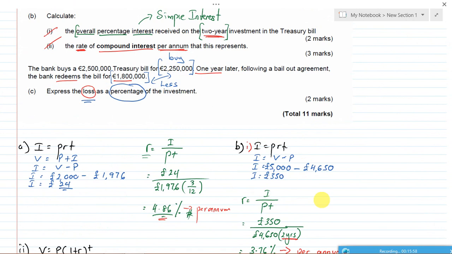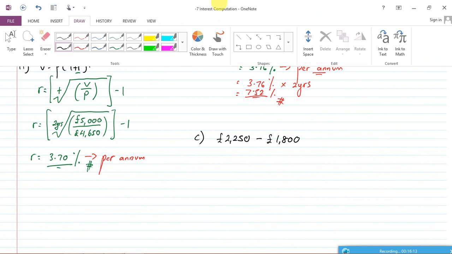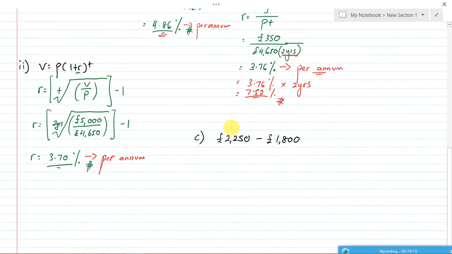You take 2250 minus 1800. But you must remember, this is what you buy and this is what you redeem. And definitely it's going to be a loss. Loss by how much?